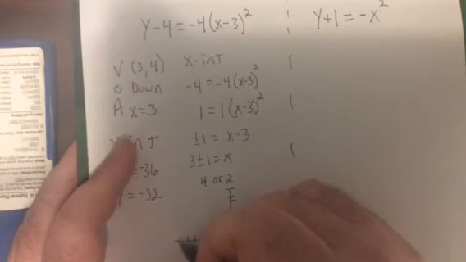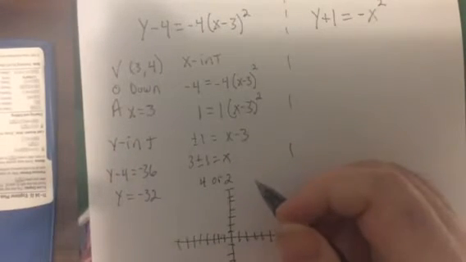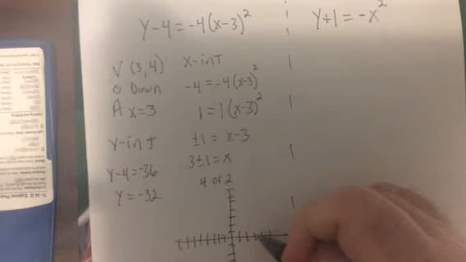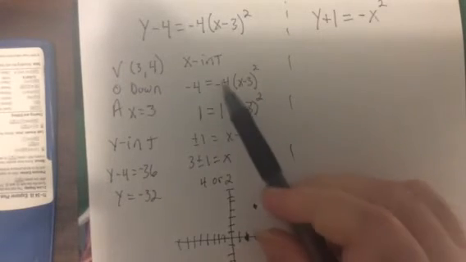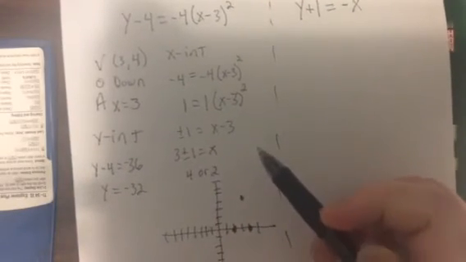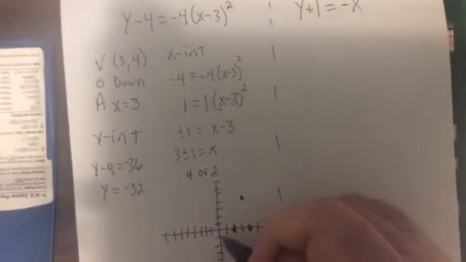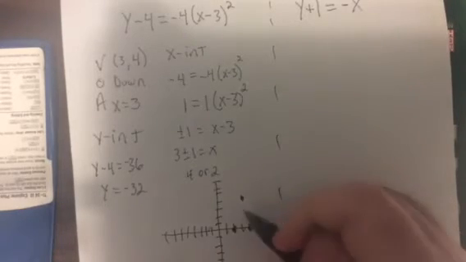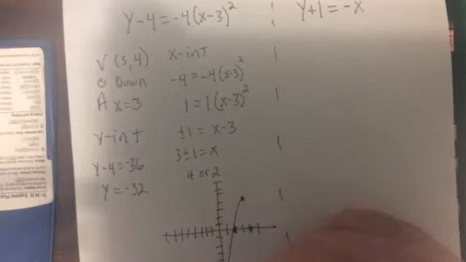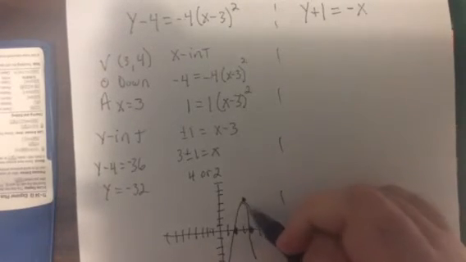And what I'm going to do is, okay, 3, 4. Then here's 4 and 2. Now, because of this being multiplied by negative 4, this thing's going down fast. So 1, 2, 3, 4, 5, 6, 7. We're going to kind of break in the graph and put the point there, saying, hey, that's so far down.